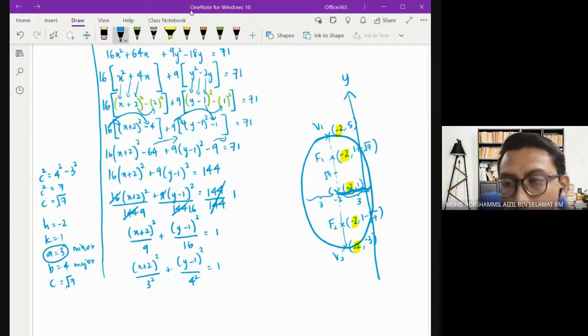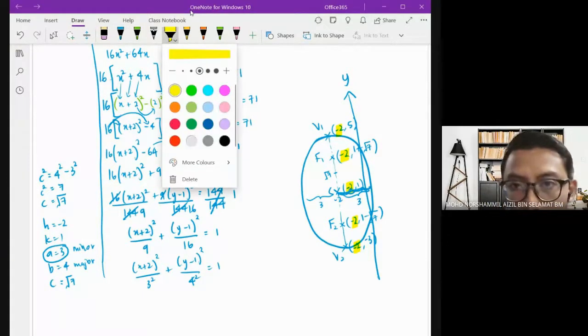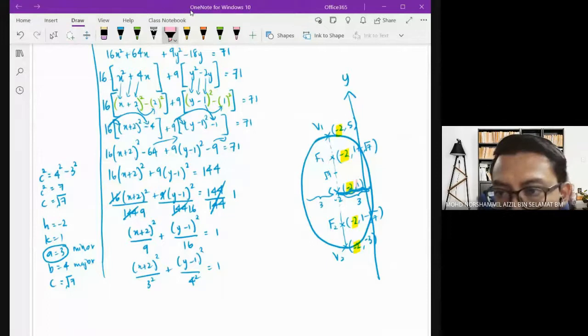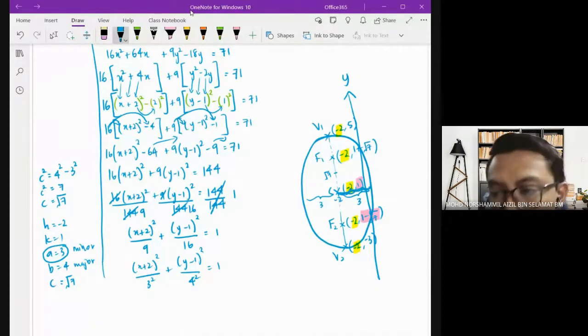Correct. Always in between C and F2. In this case, why? Because here it is positive. Somewhere here positive value, somewhere here already negative. So in between these two is going to be the x axis. But will it be closer to C or F2?